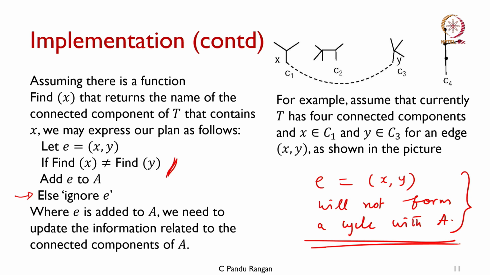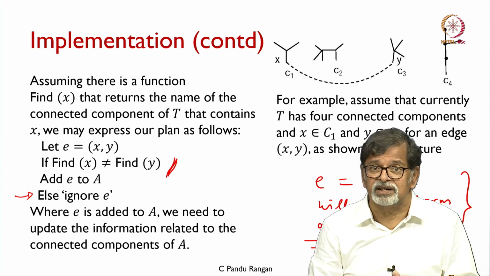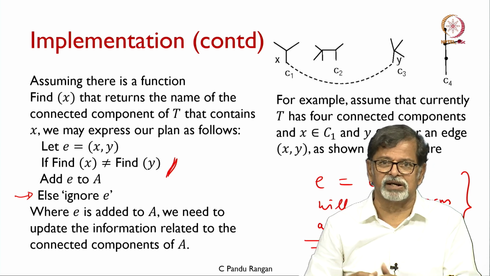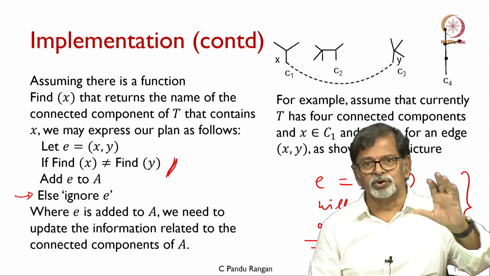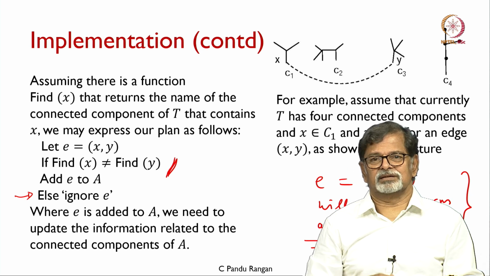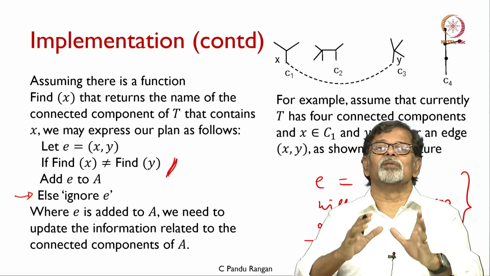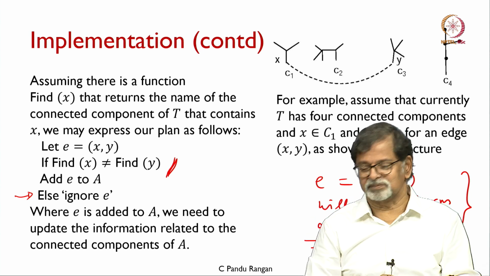This takes care of a very simple cycle test replaced by a find function. We have not yet discussed how the find function is implemented, we will come to that later, but assuming that we have a find function, this cleanly handles the test of forming the cycle or not.